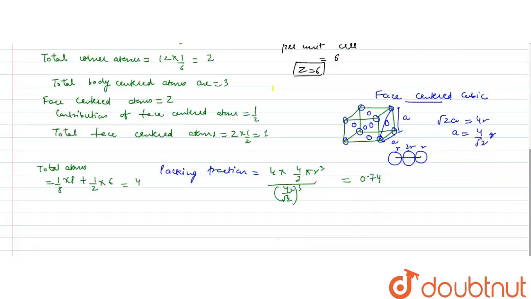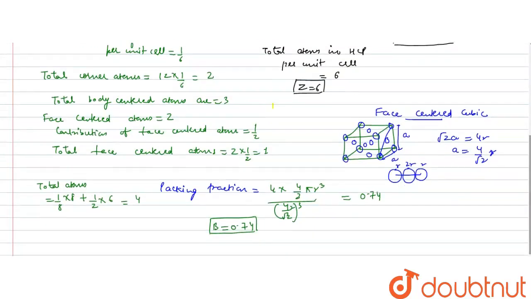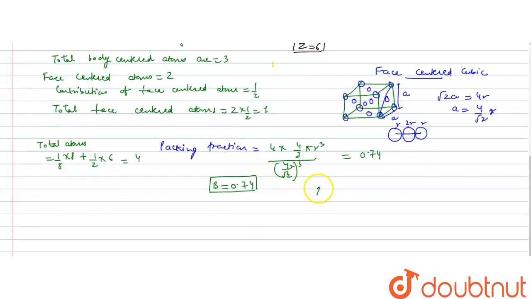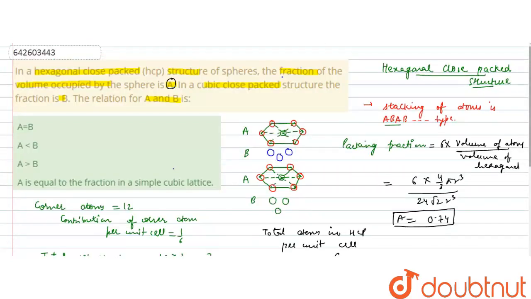It means B is also equal to 0.74, that is, the packing fraction for the HCP unit cell and the FCC unit cell are the same, that is A equals 0.74 and B is also equal to 0.74. So the relation between them is A equals B. We have to find out that relation. So this is A equals B. So the correct option is the first option, A equals B.